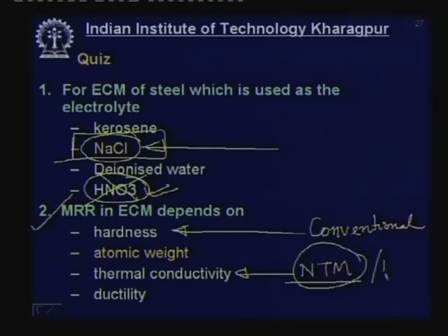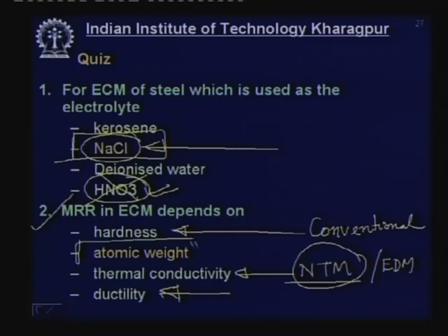In electrodischarge machining, thermal conductivity would play a role. But as we know, electrochemical machining is electrochemical dissolution. Thermal conductivity has no role in that. The next one is ductility. Ductility plays a role in conventional machining processes as well as mechanical non-traditional machining processes. So, in electrochemical machining there is no role.